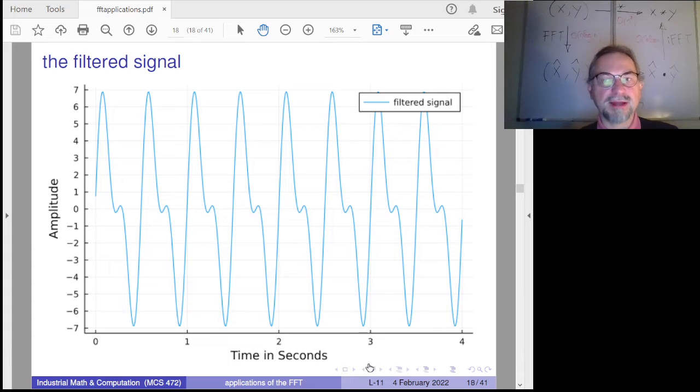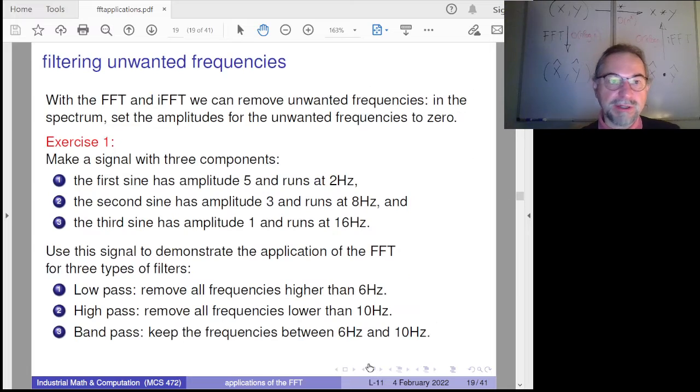The peak at the highest frequency, the lowest peak, was a bit lower. But other than that, the shape looks great. And we have again two sine functions. So this is the amplitude filtering.